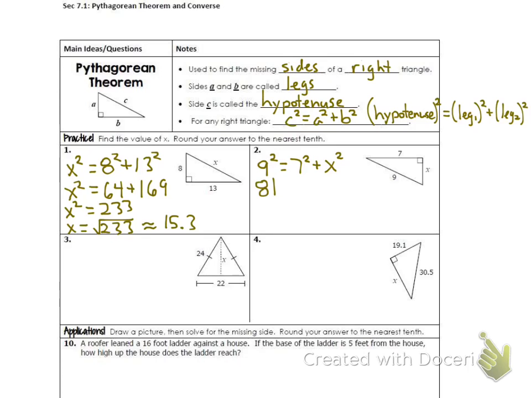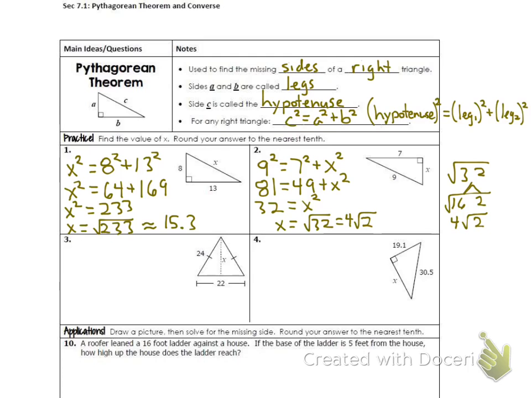So we get 81 equals 49 plus x squared. This becomes 32 equals x squared, and then x equals the square root of 32. You can simplify the square root of 32 by looking at its factors. 32 is 16 times 2, and inside of a square root, the square root of 16 is just 4, so it actually comes out to be 4 root 2.